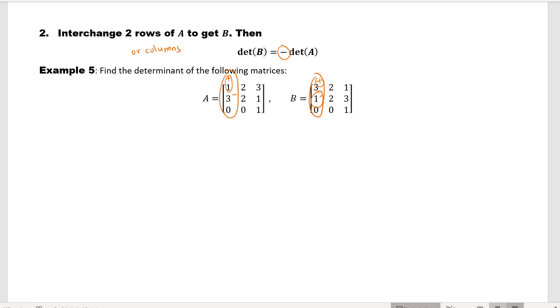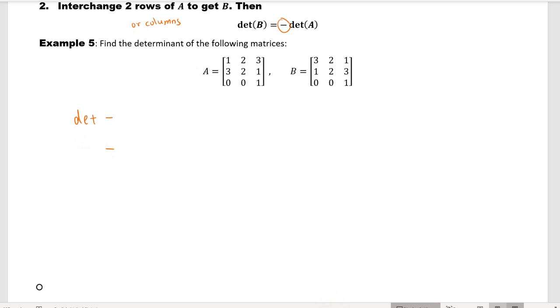Okay? And this is the exercise. We can try to compute the determinants of A and B. Let's see what happens. So the determinant of A: it's easy to use the last row cofactor expansion, right?